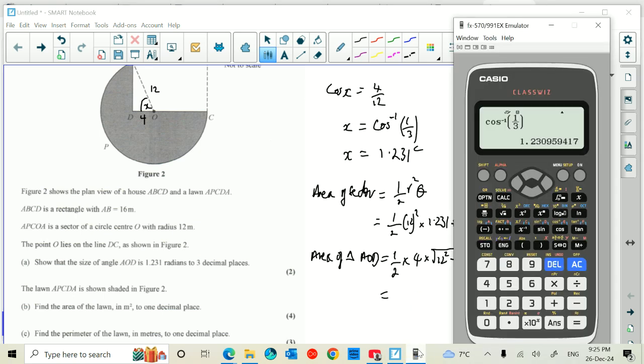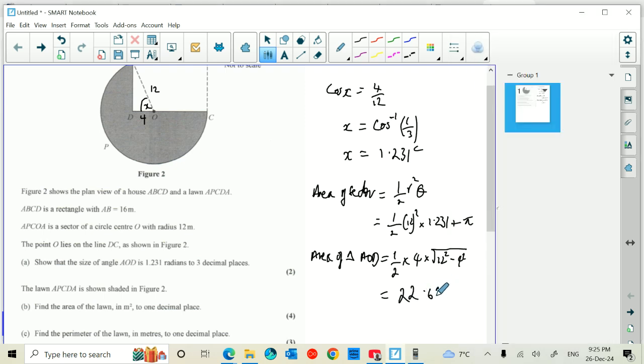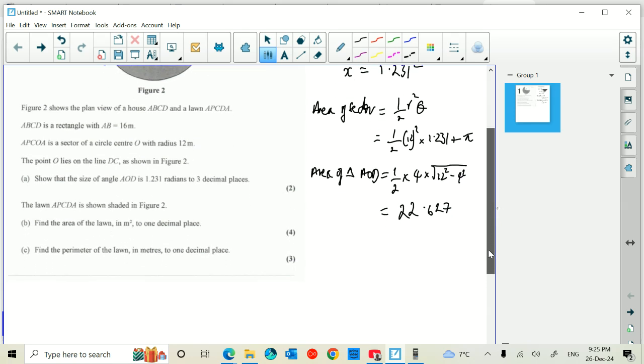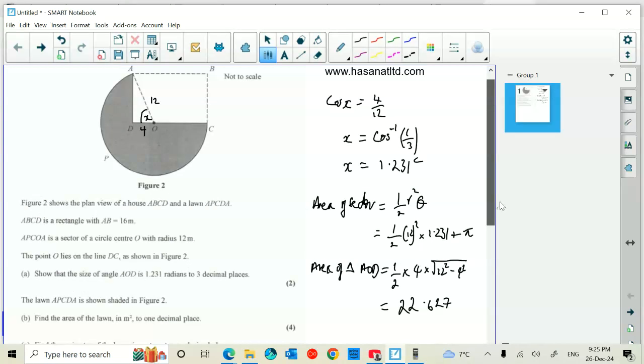On your calculator, half times 4 times the root of 12 squared minus 4 squared, and pressing equals gives 16 root 2, which is 22.627. That's the area of triangle AOD.